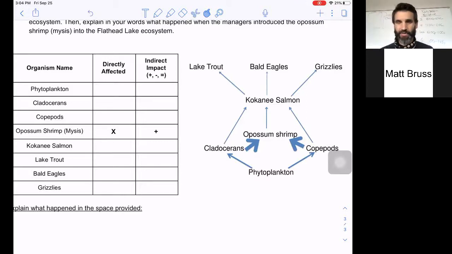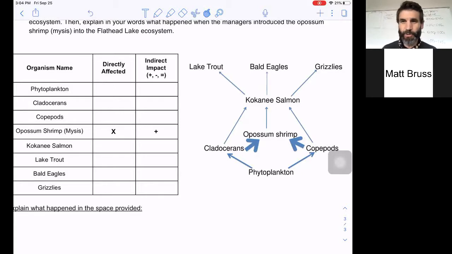So we thought that was really interesting because at the very beginning of this ecology unit, we talked about how an ecosystem is the interaction of the biotic, the living, and the abiotic, the non-living features of an environment. And this is a perfect example of how the abiotic, the contours, the topography of the bottom of this lake, interacted with the biotic, the living features of this ecosystem, to have very different outcomes in two different environments.